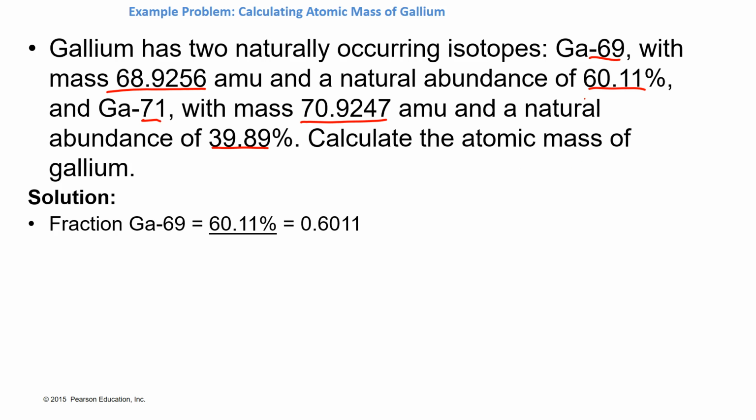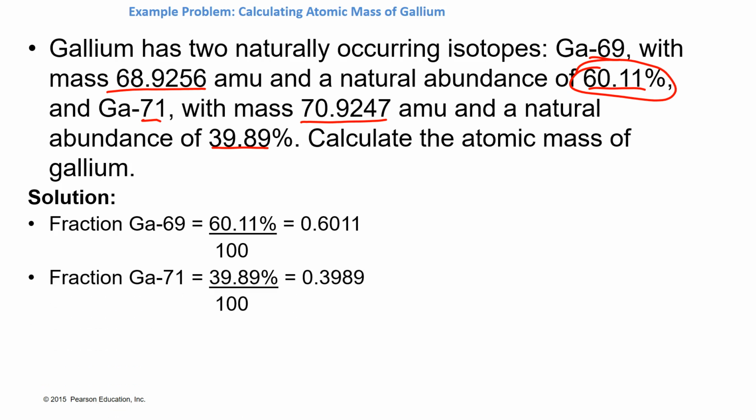Percent is always the fraction. So if it finishes up, that makes more sense. I'm trying to get the fraction of percent, just the decimal percent. And then that one is that.